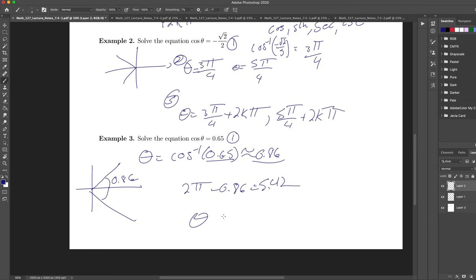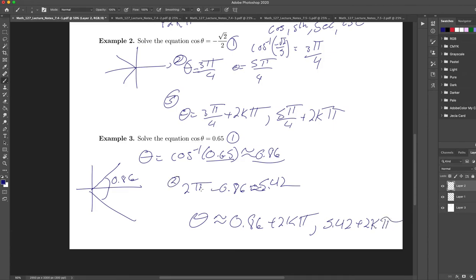And so I can here say theta is roughly equal, I'm going to put the rough estimates in, to 0.86 plus 2k pi, comma, 5.42 plus 2k pi.